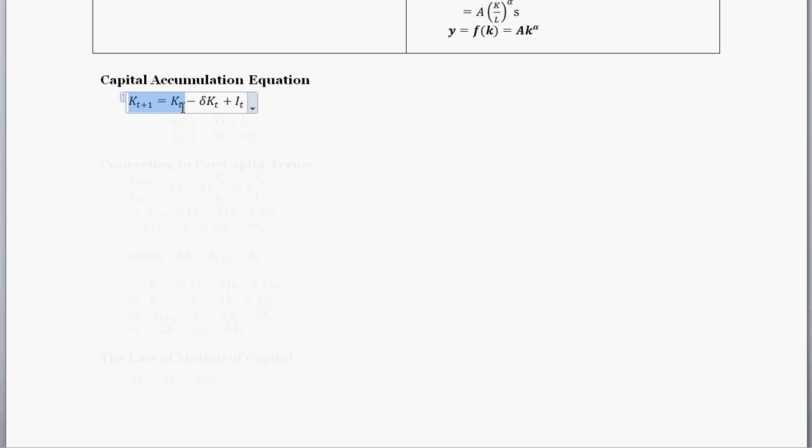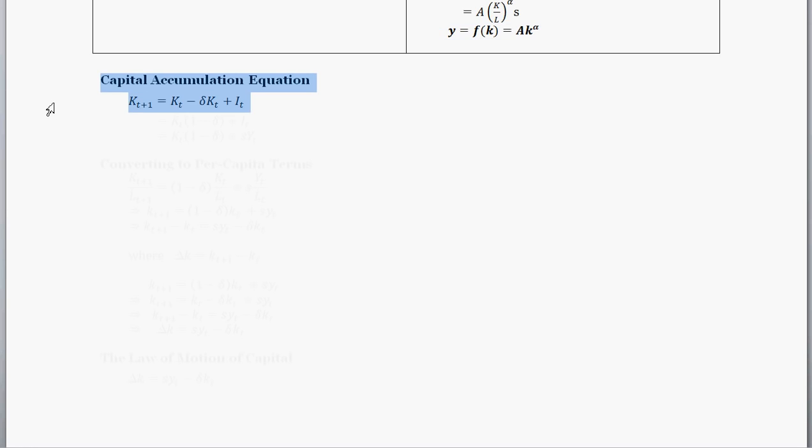So a steady state level of capital is one where capital is the same through time. We're going to need to tweak this a little bit, first to convert into per capita terms, and second to deal with the actual production function we're working with to be able to solve for that steady state level of capital. So that's our end goal, find the steady state level of capital, and all that we're doing now are steps to get to that goal.